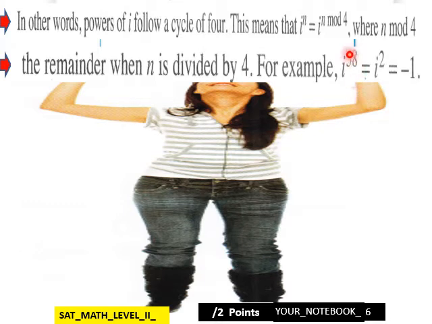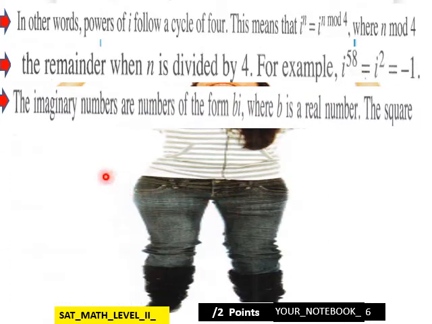Basically you can reduce this as an even number, so it'll be a square, because 2 times 29 equals 58. So it can be reduced to i squared, which is negative 1. So i to the 58th power will be negative 1.